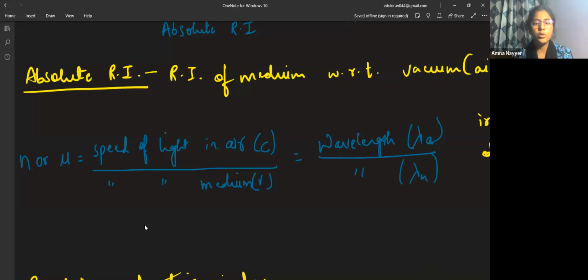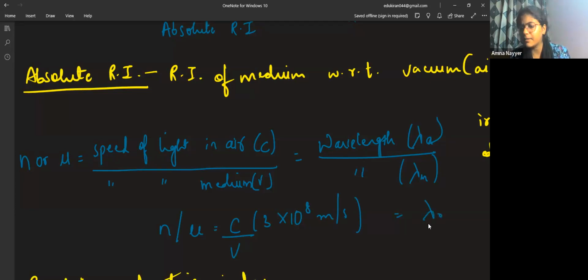Fine. So how do you write it? N or mu, whatever you are comfortable with, because in reference books, NCERT, different authors have mentioned different symbols. So you should be aware that both of them depict the same quantity. C by v, the value of c you all should remember, speed of light is 3 into 10 to the power 8 meter per second, or wavelength in air lambda naught by lambda m. This is the formula which will be saving you in case of absolute refractive index.